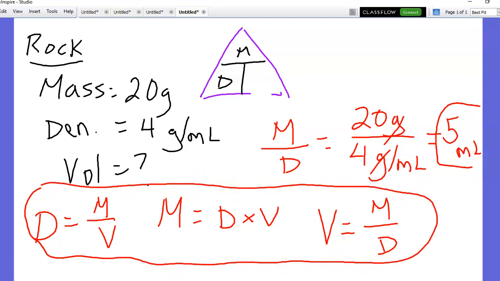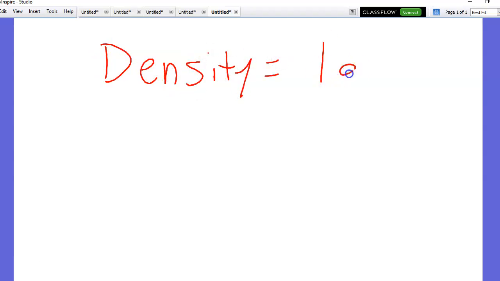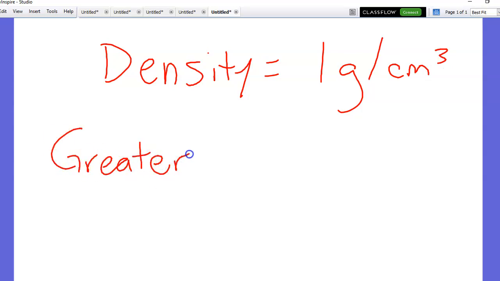A couple other things really quickly to remember here. One more thing: the density of water is 1 gram per milliliter or cubic centimeter. There are 2 units of measurement. So if anything is greater than 1, it will sink in water.